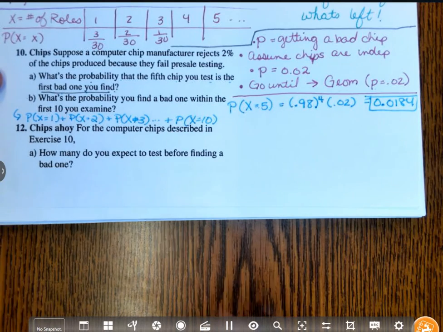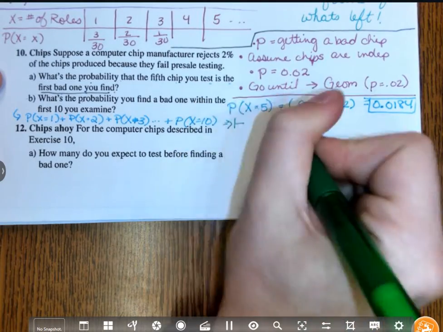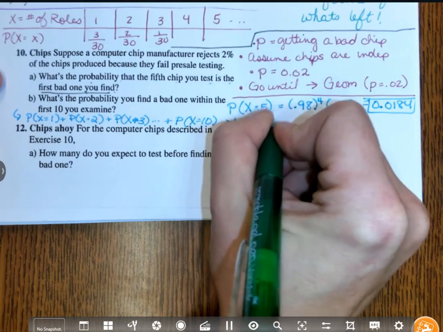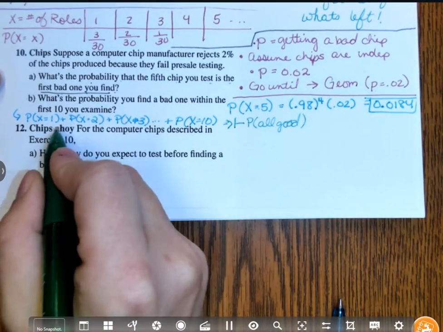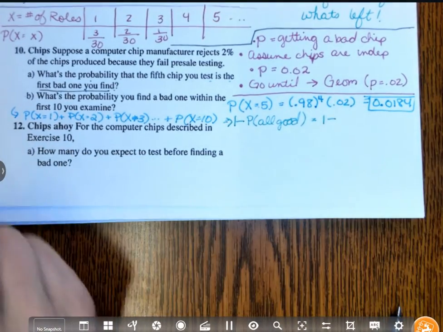Or an easier way to do this is to just say 1 minus the probability that they're all good. That's too hard, so flip it around and say 1 minus the probability that they're all good.